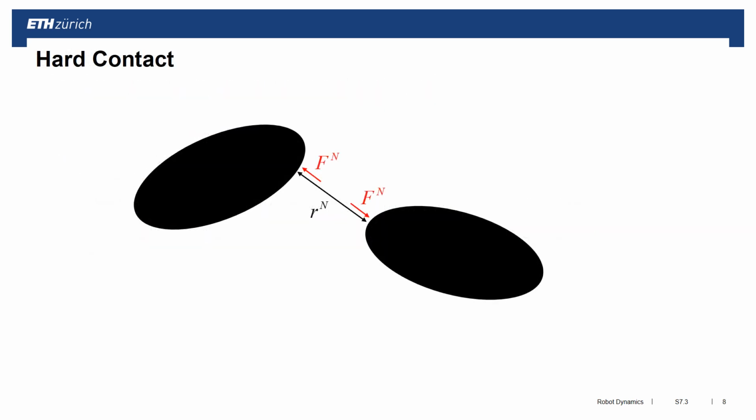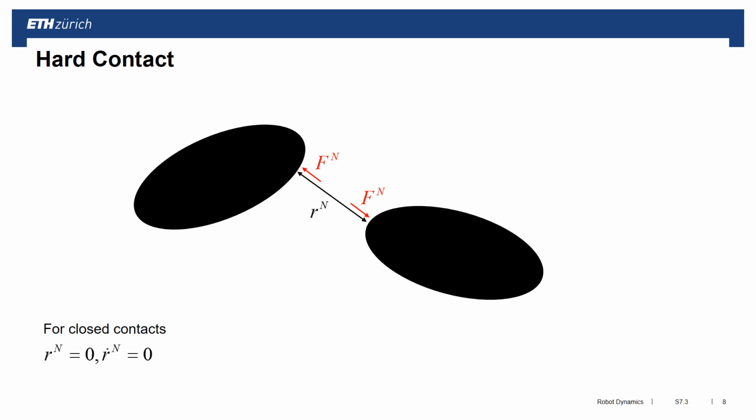An alternative to soft contacts are hard contacts, which means that these forces, these Fn's here, are no longer a function of the state, but much more a function of a constraint. So let's have two bodies here which have a distance Rn becoming in contact.